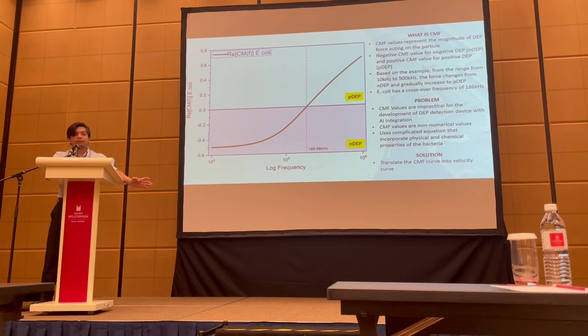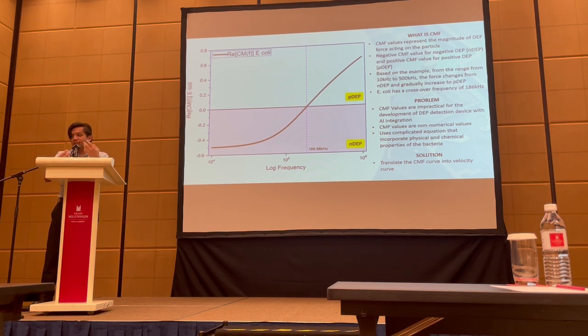So what's the problem? The problem is, in the context of trying to integrate AI into a DEP device, the CMF value is impractical. The value is not real. It comes from an equation. It doesn't even have a unit.